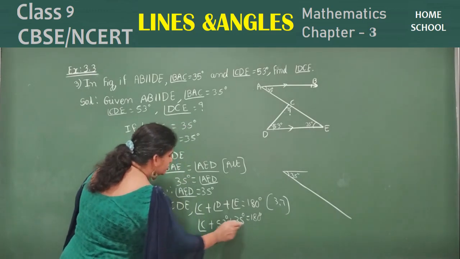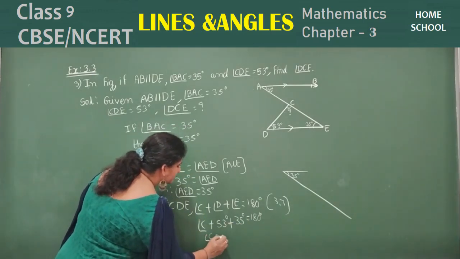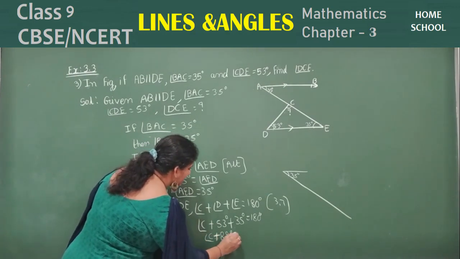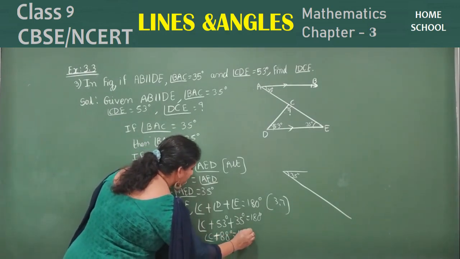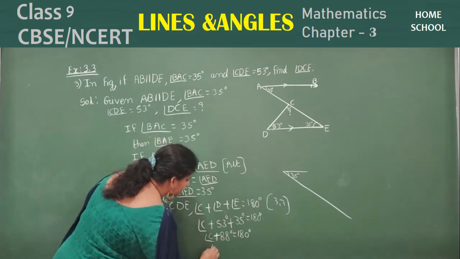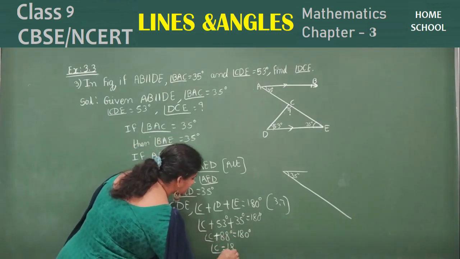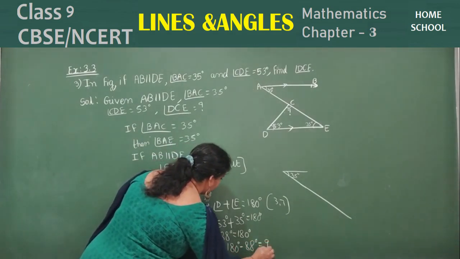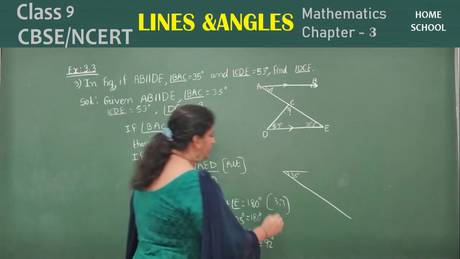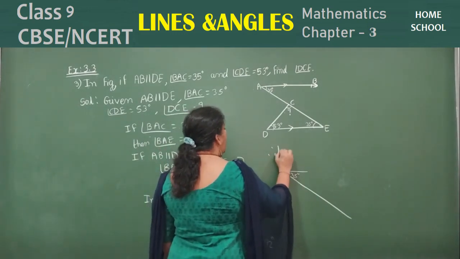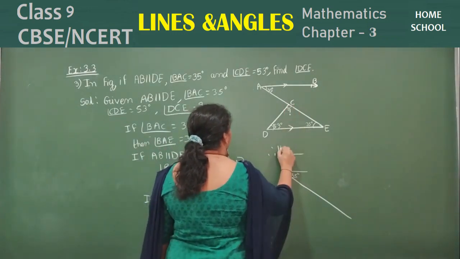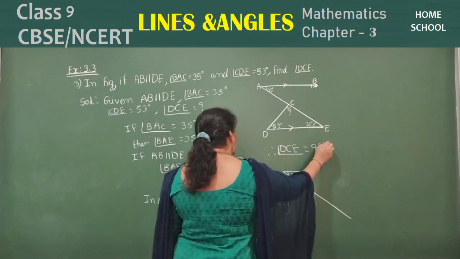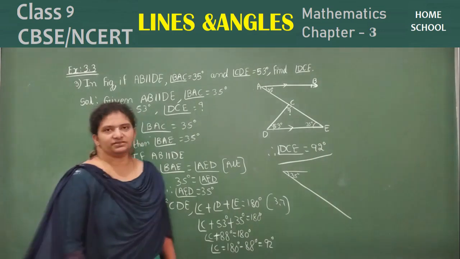So add these two, children. Angle C plus 88 degrees is equal to 180. So send this 88 to the other side. Angle C is equal to 180 minus 88. That will be 92 degrees. Therefore, angle C, which is angle DCE, is equal to 92 degrees, your answer.